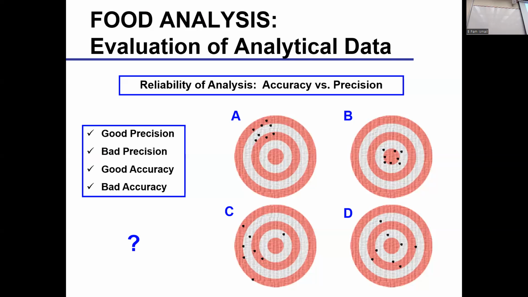They are floating around the center. So if you take the average of these very scattered data points, you might land somewhere near the true value. So here you potentially have good accuracy but really very poor precision. You have multiple replications, precision is really bad, but it's giving you an average close to the true value.